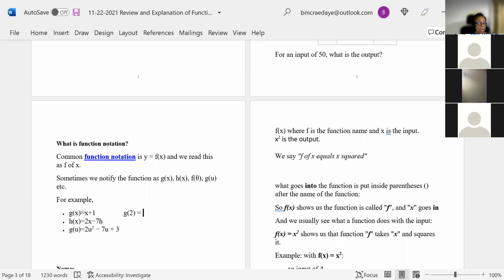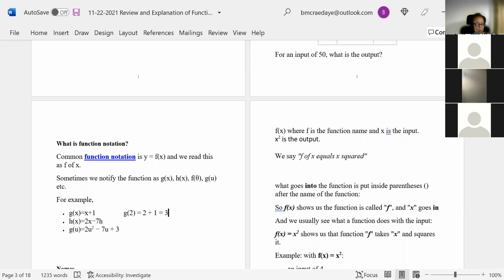Wherever you see an x, you put a 2. So g of x would be g of 2. That's my input, x, and that's equal to x plus 1. So I put 2 plus 1, and that's equal to 3. All right.